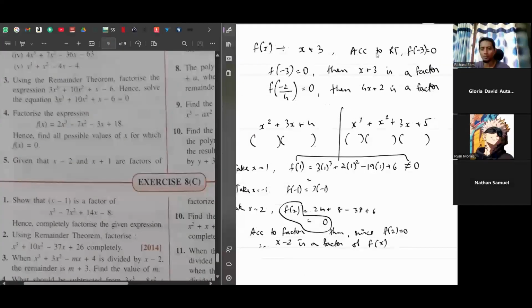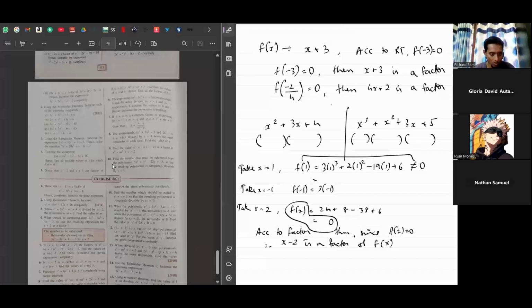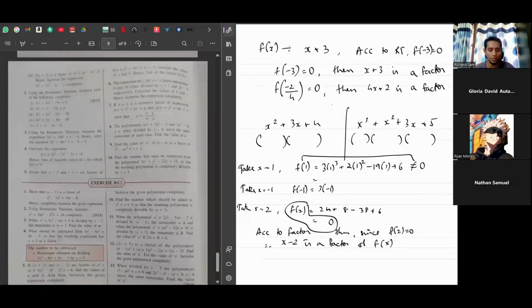Remainder theorem is to find a remainder. Factor theorem is to find a factor. So here they have given factors and we're finding the remainder, so it is remainder theorem. In this other question, we found a factor, so this is factor theorem. So you should know when to use the word remainder theorem, when to use the word factor theorem. Okay, we'll stop with this chapter.